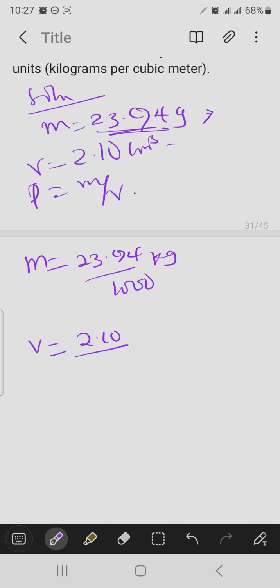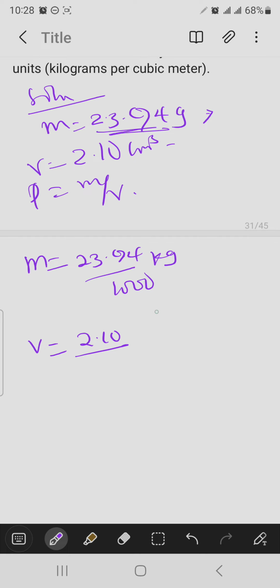Is it going to be multiplication? Is it going to be divided by 100? It's going to be divided by 100.